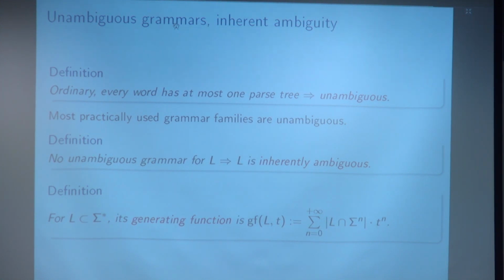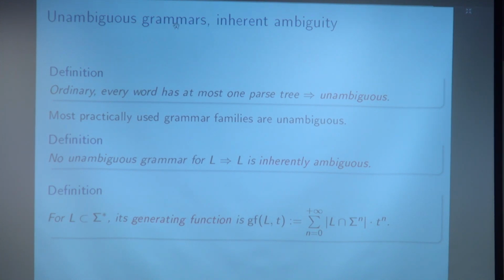And as it turns out, most of the parsers that are really used are unambiguous by design, because they are often even so-called deterministic context-free, which means that they have parsing with some automata algorithm which doesn't make non-deterministic choices.